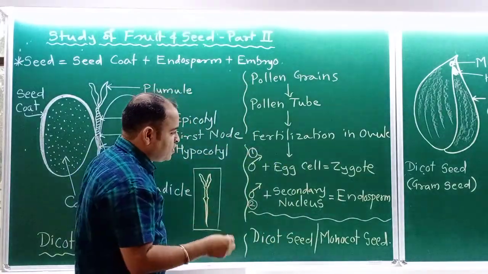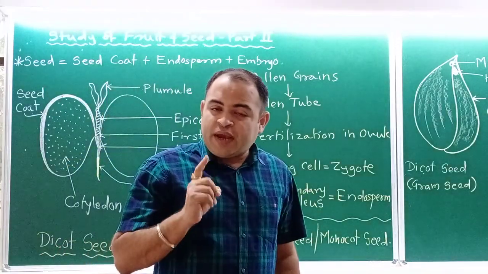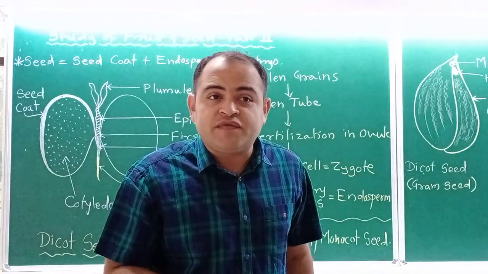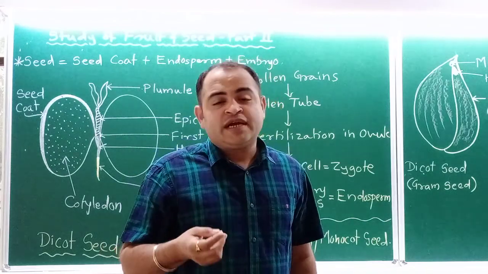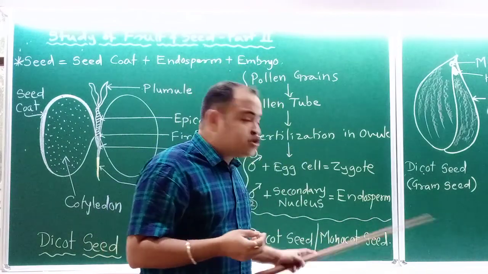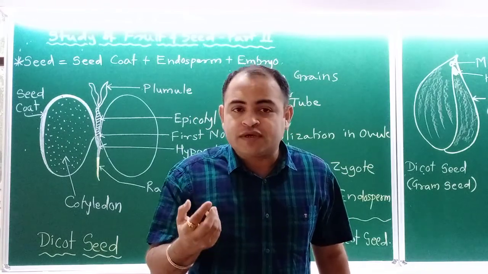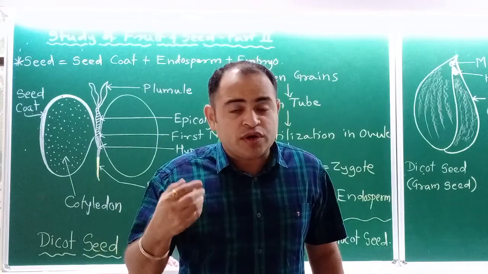Now it forms the primary endosperm nucleus. The primary endosperm nucleus repeatedly undergoes mitotic division. When it undergoes mitosis, it forms the actual endosperm, which is nutritive by nature. This nutrition is always required by the developing embryo.